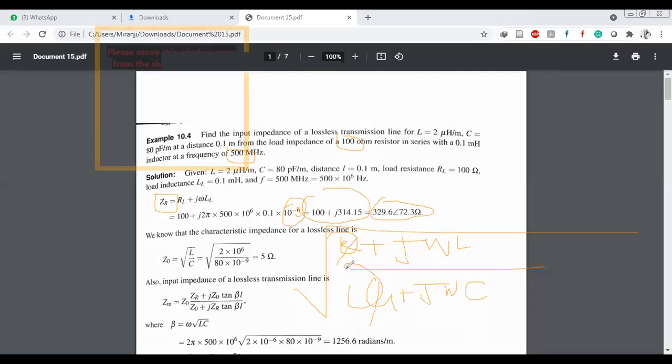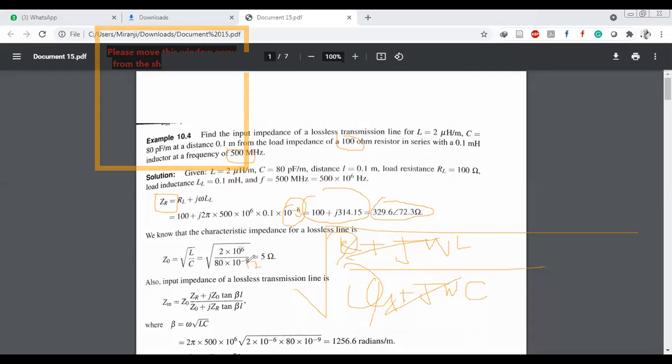That's why this is 0, this is 0. J omega cancels, so Z0 equal to root over L by C. L is 2 microhenries, 2 into 10 power minus 6, divided by C, 80 picofarads, 80 into 10 power minus 12.